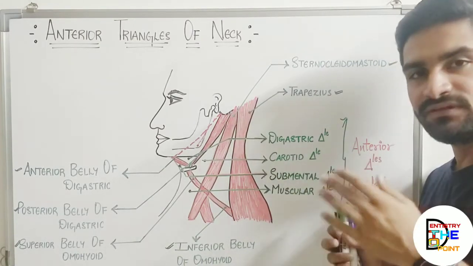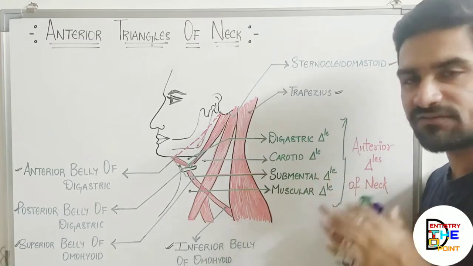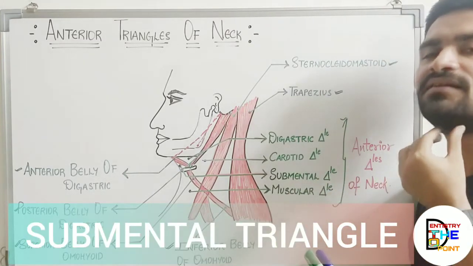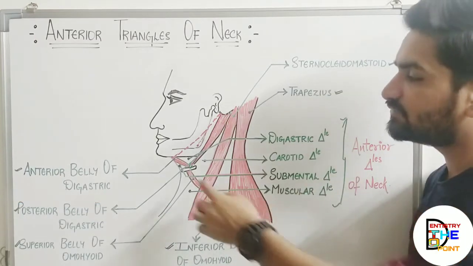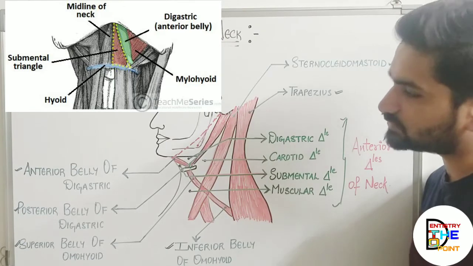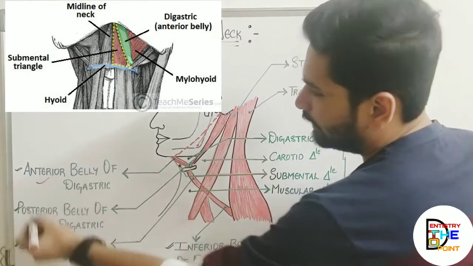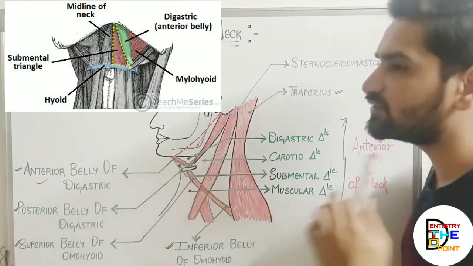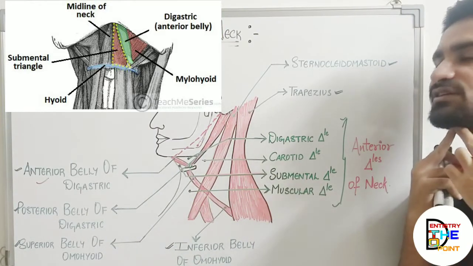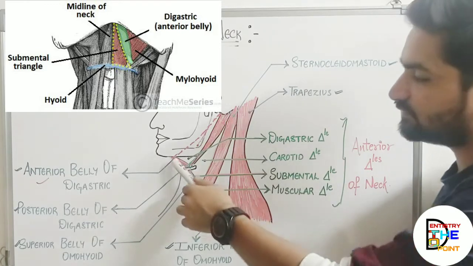So now we'll start with the boundaries of each and every triangle. First we'll start with the submental triangle. Now this is a median triangle. It is going to be present in the midline, and it is formed by the anterior belly of digastric from both the sides. The anterior belly of digastric is going to come and insert into the chin over here, and that will form a triangle.